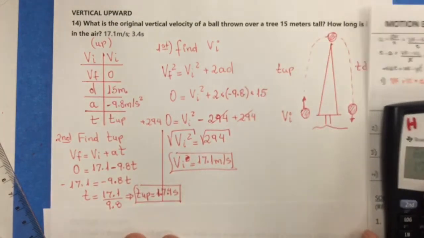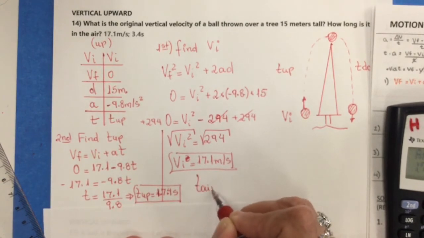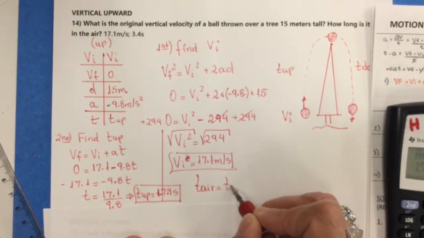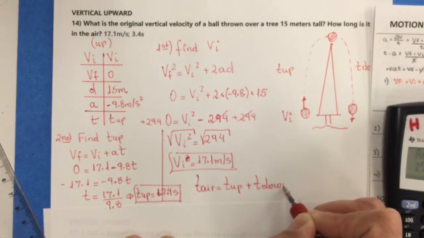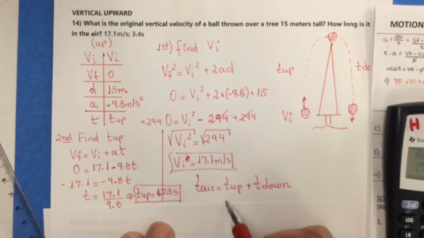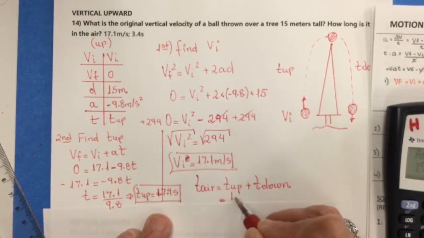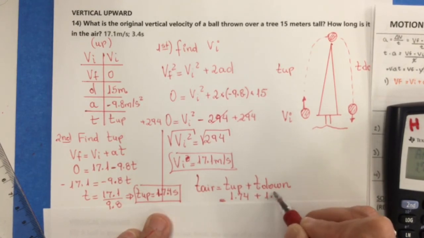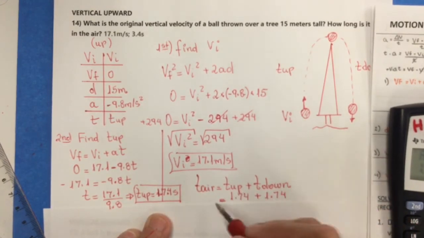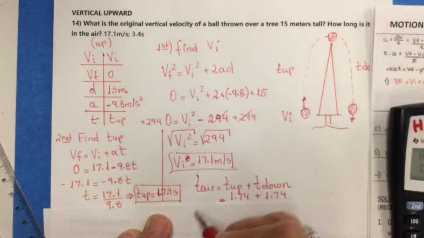But the problem is asking for the time in the air. So the time in the air is time up plus time down. My time up is 1.74, and time down is the same value, because time up and time down are the same because of the symmetry of the trajectory.